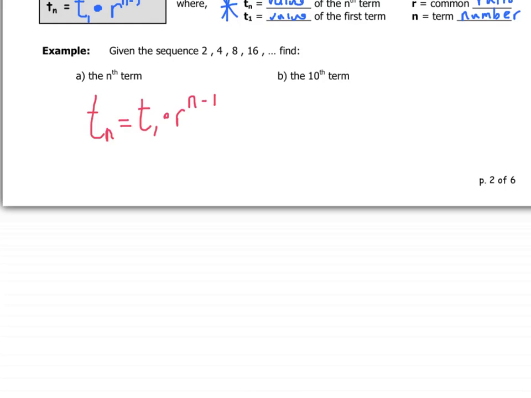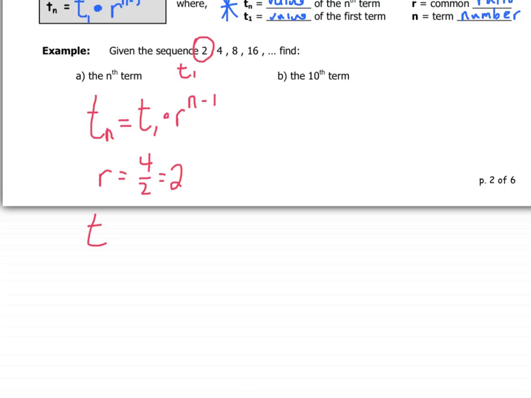So T1 is over here. That's 2. And what's R? Well, a quick calculation will tell me that R is 4 divided by 2, which is 2. Or we could have said r is 8 divided by 4, or 16 divided by 8. And what we're saying is that we take the first term and multiply it by 2 to get the next term, and multiply by 2 to get the next term, and so on.